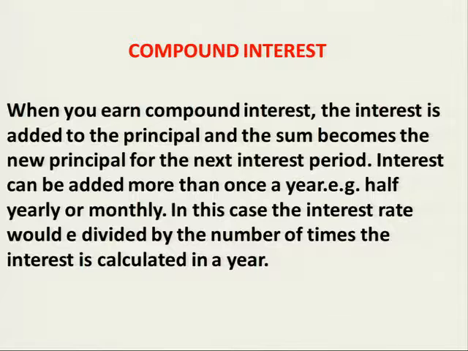Interest can be added more than once a year, e.g. half yearly or monthly. In this case, the interest rate would be divided by the number of times the interest is calculated in a year.